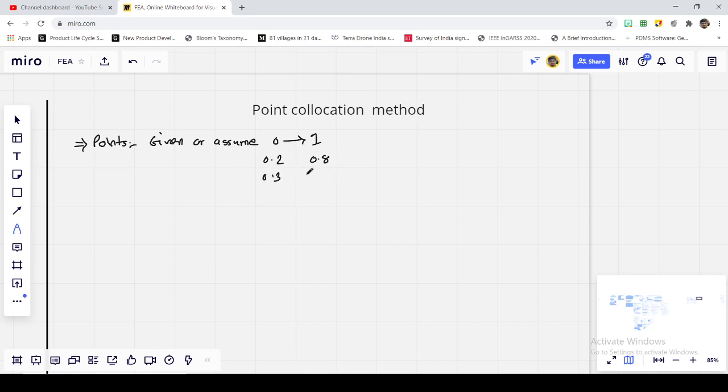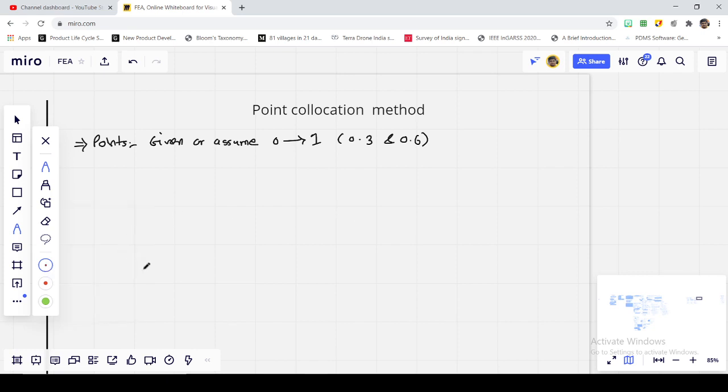So if you are going for 0.3, you will go for 0.6 as a second point. So make sure you are collecting points which are apart from each other. Don't take very small and close points. You have a zone, try to distribute those points into that zone. So we are taking 0.3 and 0.6 as our collocation points.